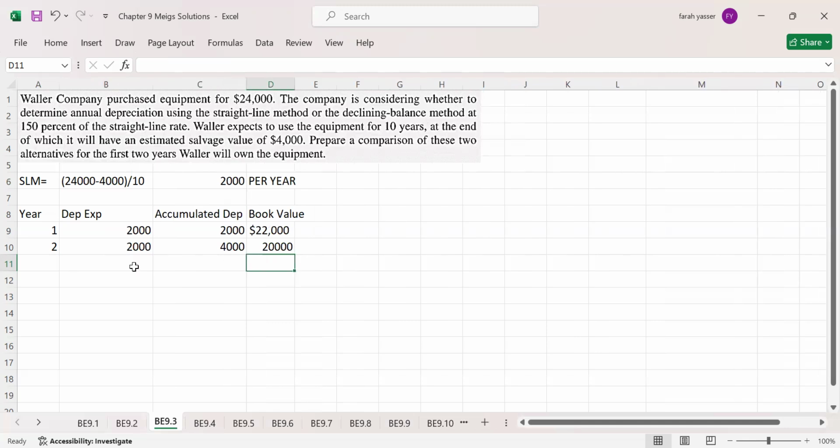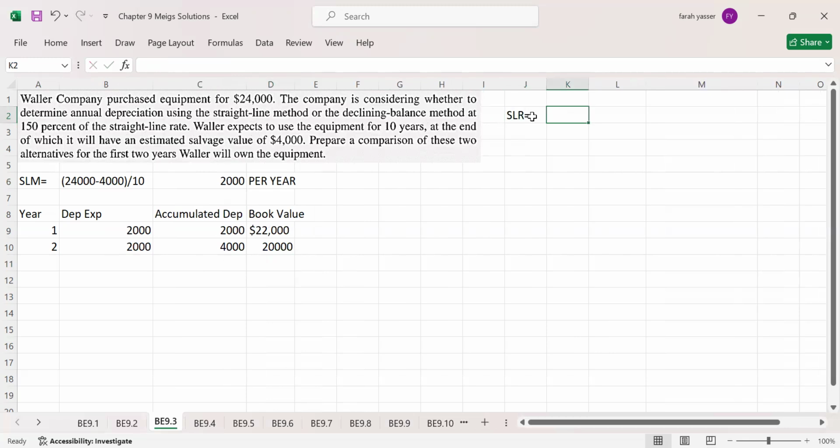Now, requirement number 2, we again calculate depreciation expense, but the method is declining balance at 150% of the straight line rate. So first of all, we will have to calculate the straight line rate.